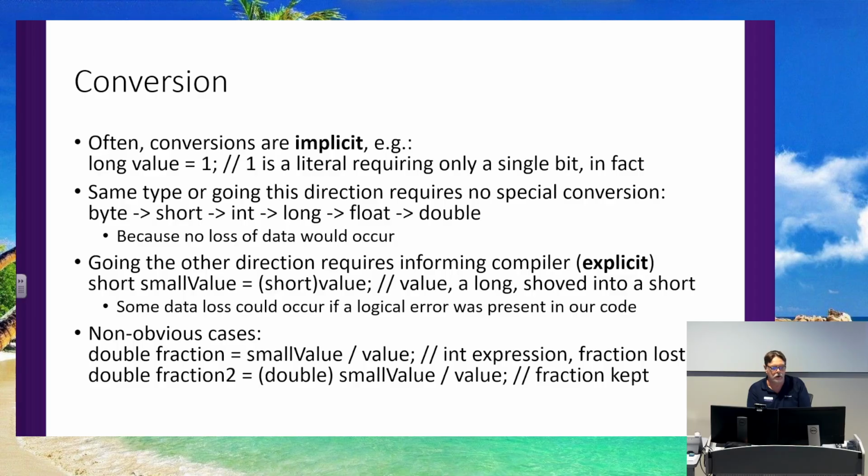Okay, talking about conversions. We have what we call implicit conversions. So if I say long value equals 1, that line of code is going to take the value 1 and assign it to the location reserved for the variable value.